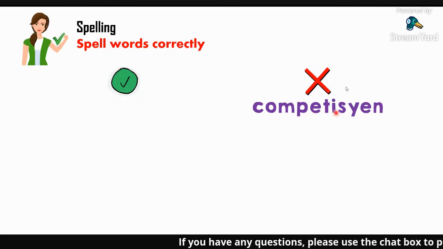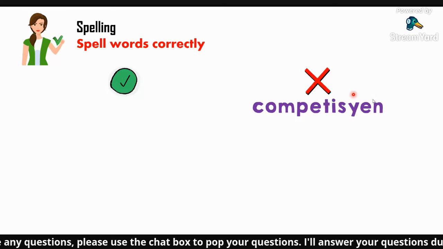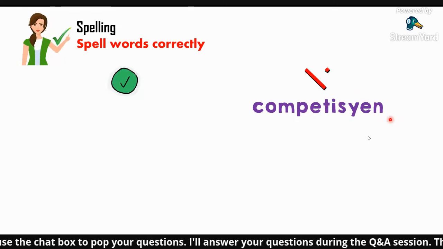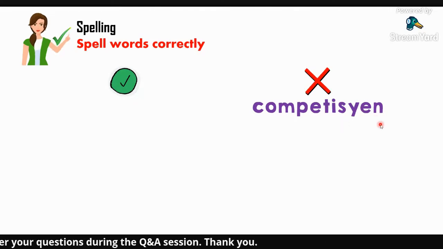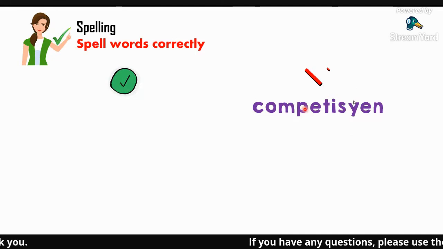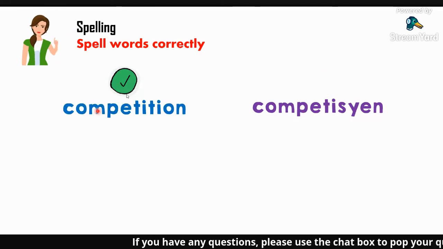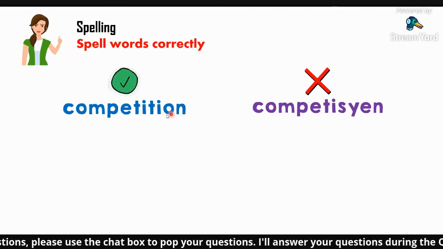This is actually the spelling when it comes to BM, right? So you are confused because of the word "shin". It doesn't go according to the spelling rule. So the right word would be competition. Okay, so it is T-I-O-N.